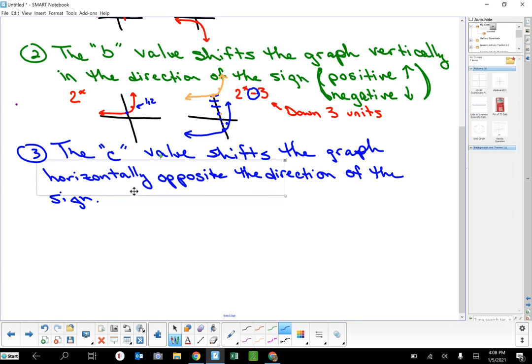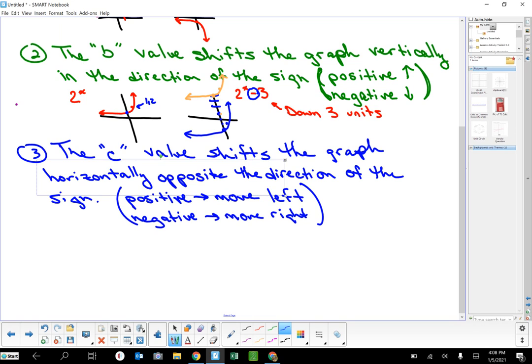Okay, so that means if it's positive, it's going to move left, which is normally the negative direction. And if it's negative, it's going to move right. Okay, so that's what those guys mean.